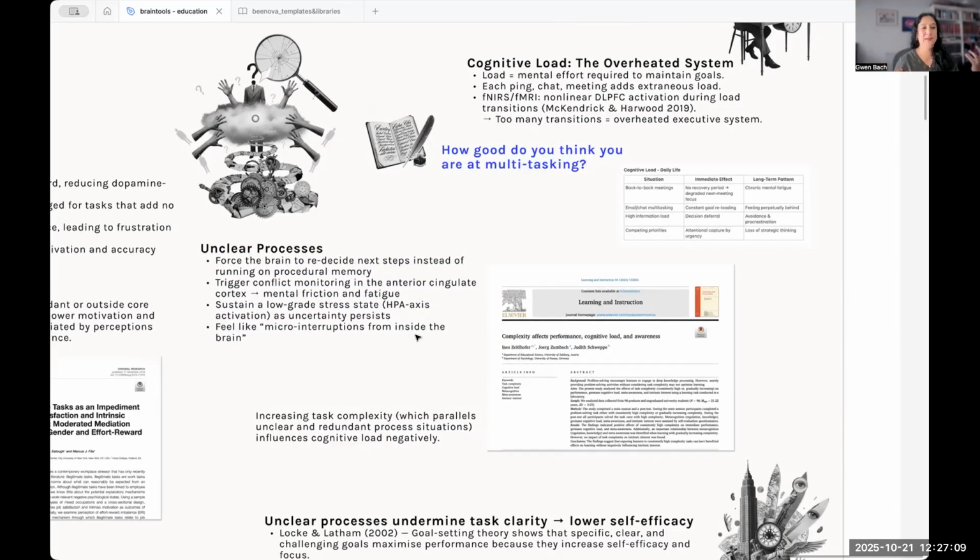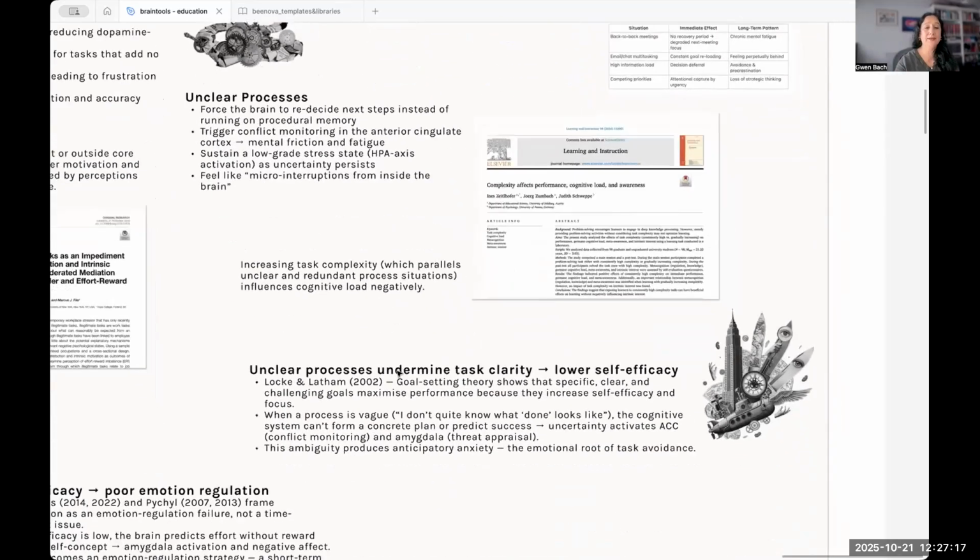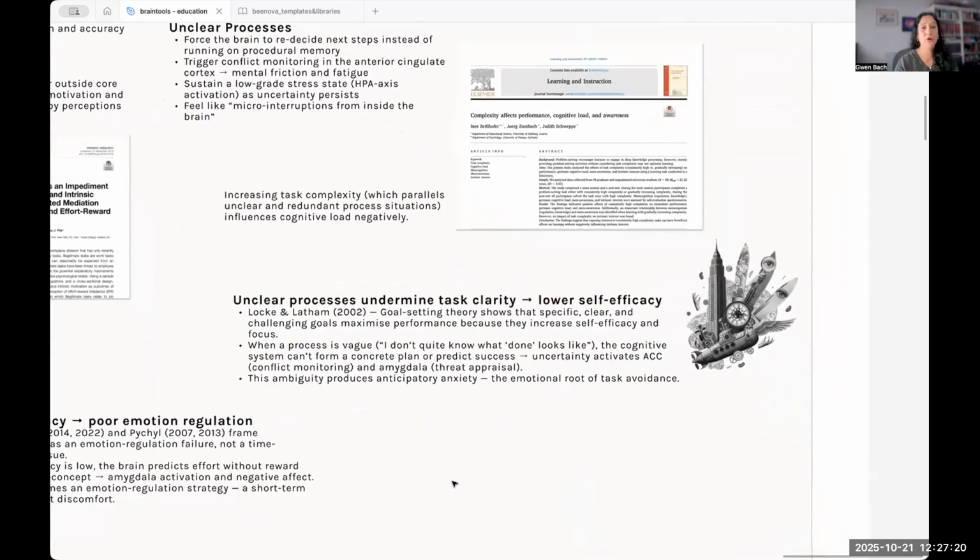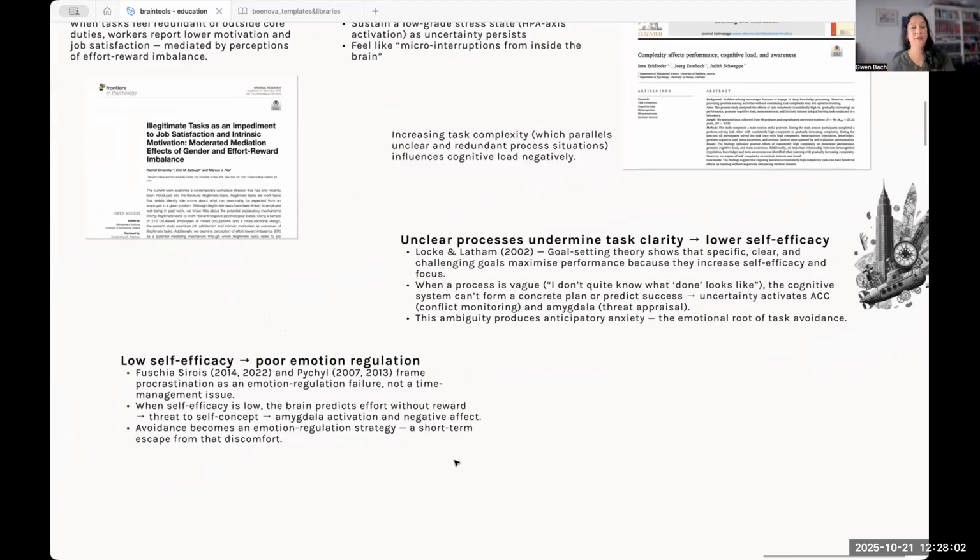And then we still have something that is unclear. It undermines a lot of things in our brain. And that ties into talks I've given before on goal setting or even on procrastination. Unclear processes undermine task clarity, and that lowers self-efficacy, and this ambiguity, not knowing how to do the next task.